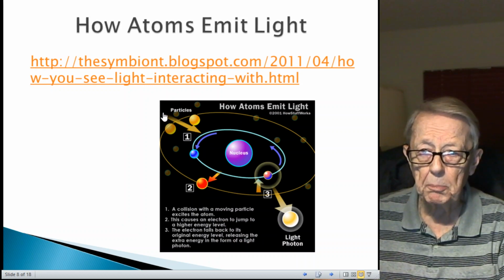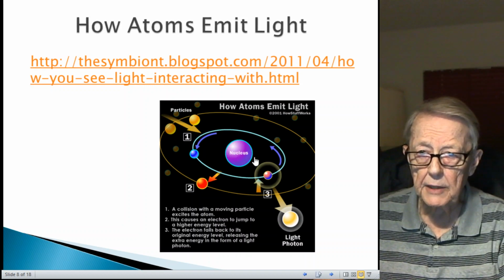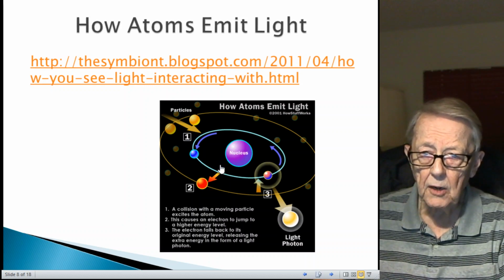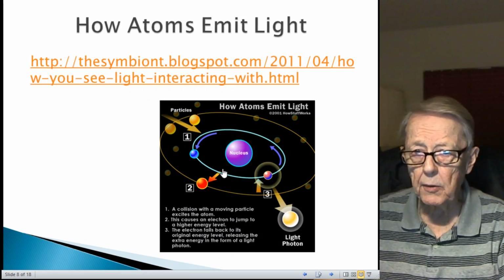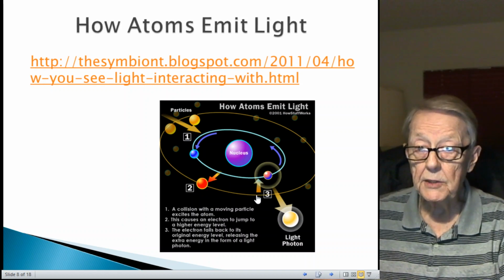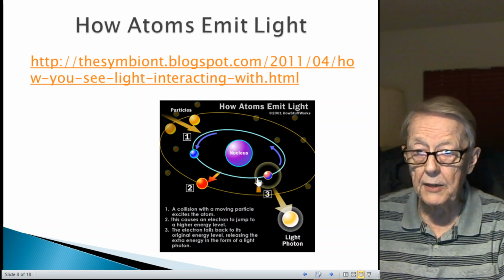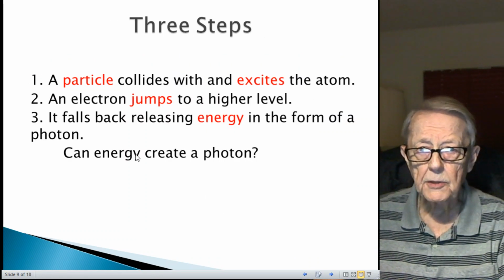In this case, a particle hits the nucleus or hits something and excites the atom, causing an electron to jump. In my version of recombining, it leaves a hole behind. And later, for whatever reason, it decides to fall back into the hole, recombine with the hole, and emit light. So those are the 3 steps.